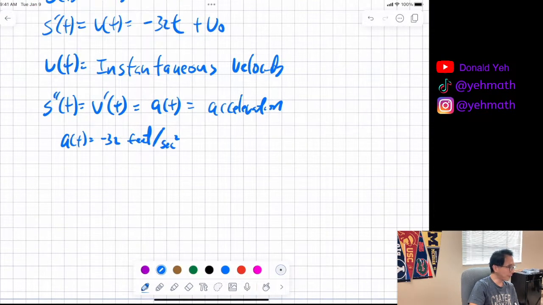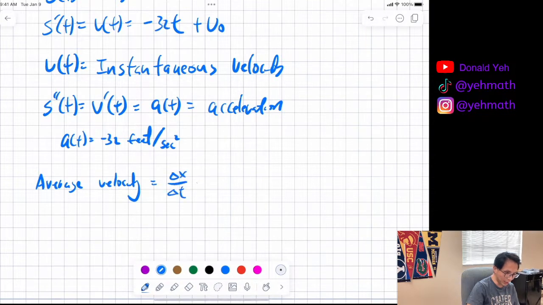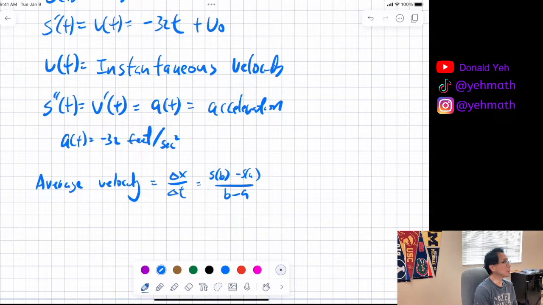I'm going to talk about one more thing: how do you find average velocity? Everybody got this wrong on the test, so I don't want you to get it wrong. Average velocity is the change of position over the change of time, which is s of b minus s of a over b minus a. That means I plug two different times into my position function, I get two different positions, and I subtract the two positions over the time. It's called average velocity. Average velocity is different from instantaneous velocity in most cases. But most people plug into the velocity equation.